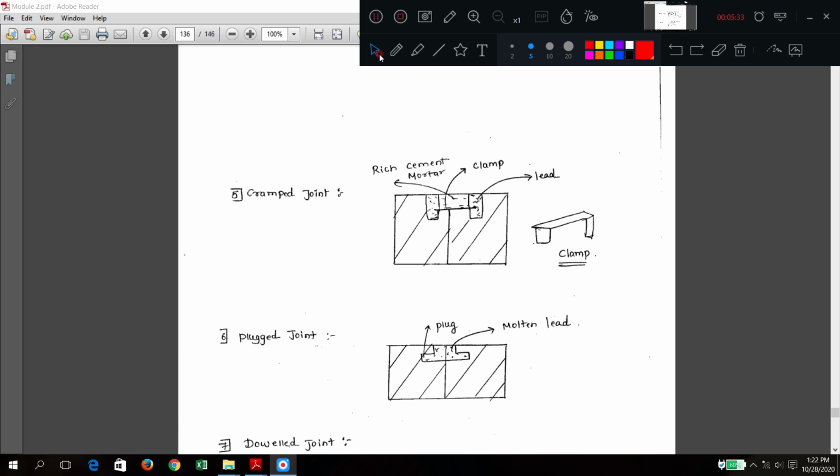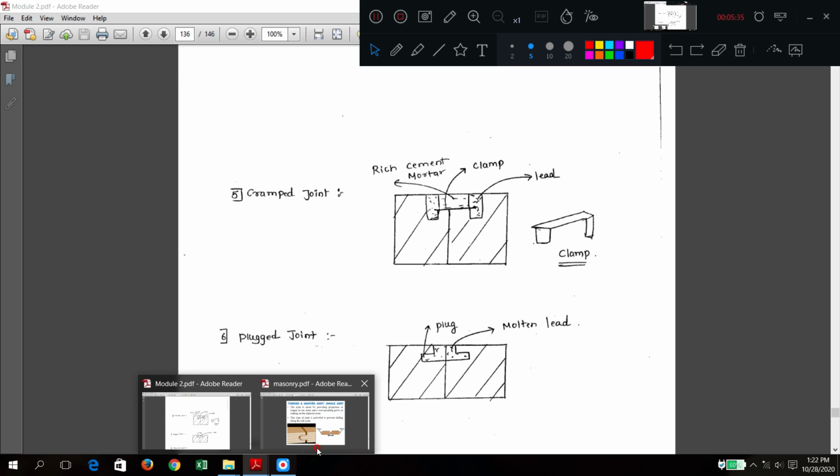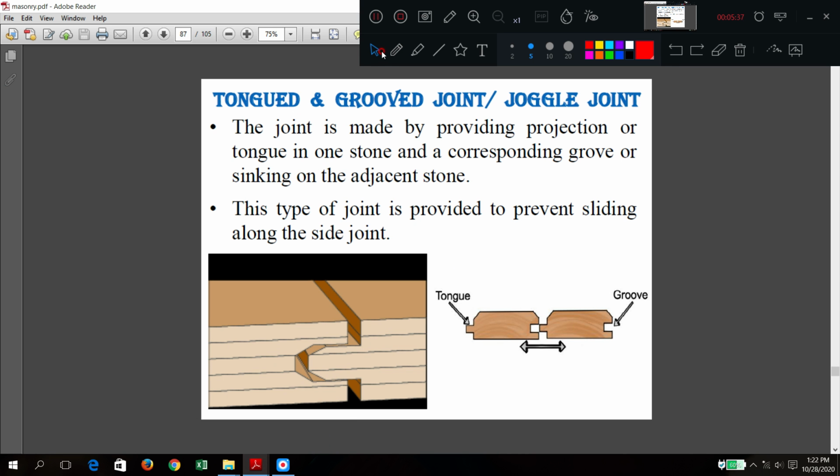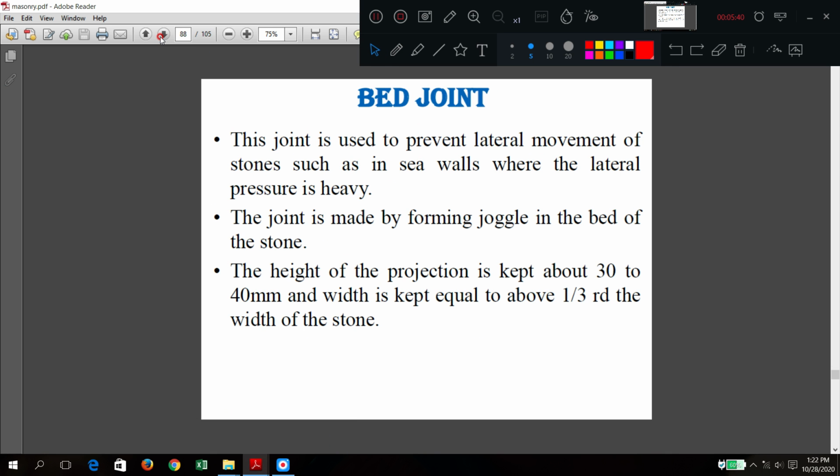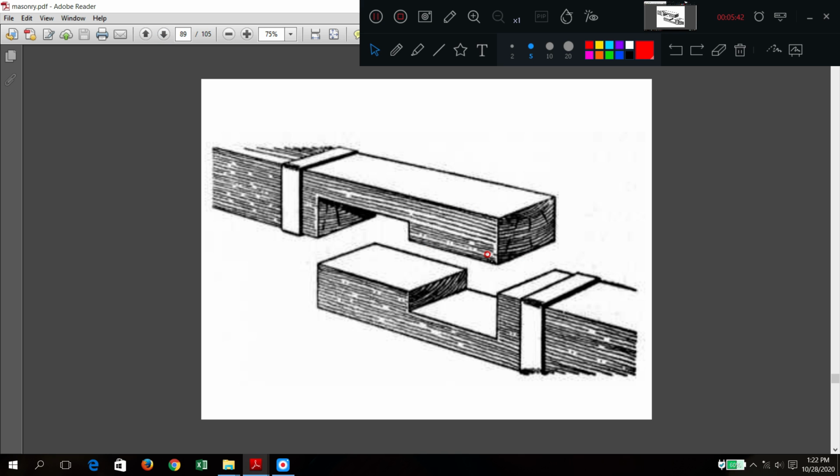Now can you see this diagram? This is the table and grooved joint completed. Now the bed joint. To stop the vertical movement, you cut one stone like this, another stone like this, and another like this. One sequence is maintained.